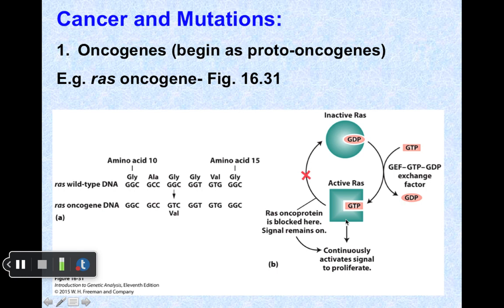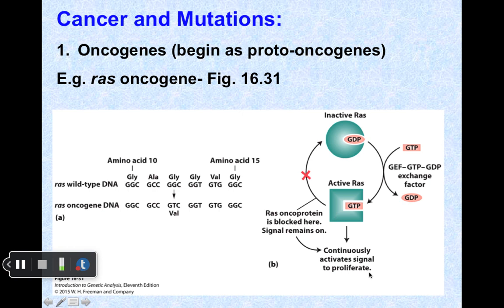When that RAS G protein is activated, that's what's illustrated toward the bottom right of this figure. When the RAS protein is activated, that then triggers a whole cascade of events inside the cell, ultimately leading to the production of transcription factors that lead to mitosis.